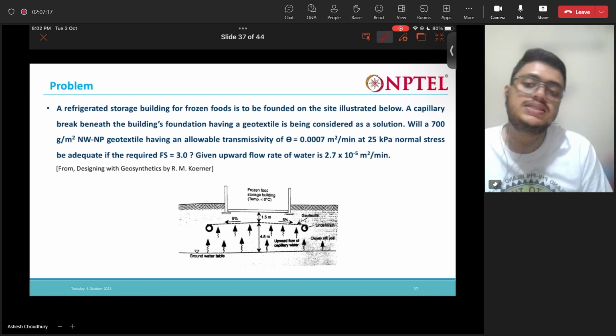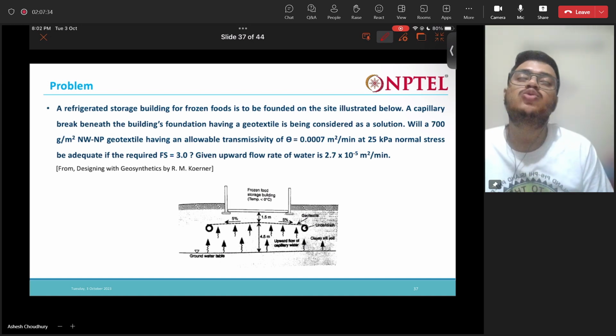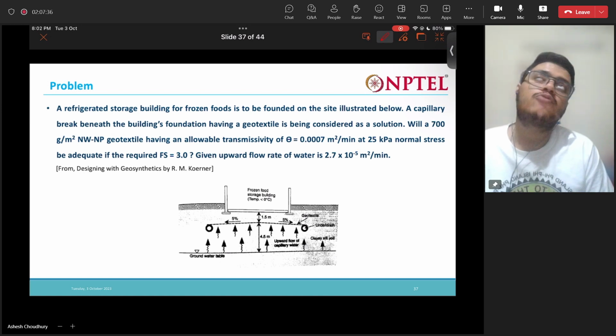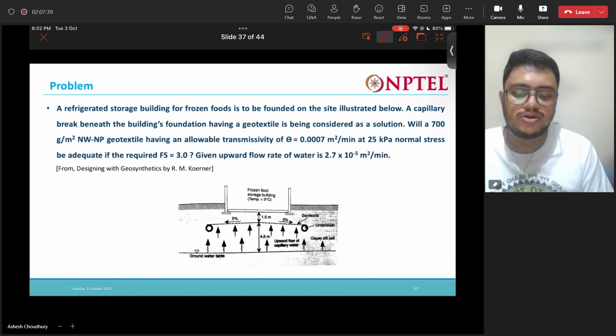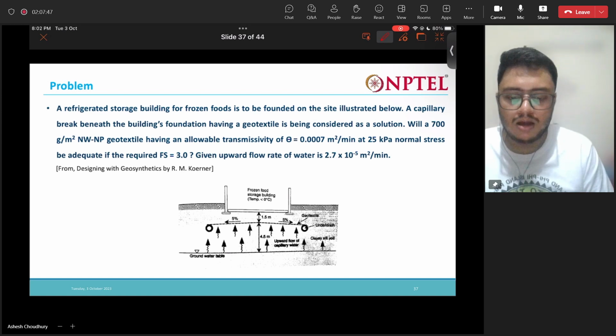If the water reaches there and gets frozen, it will expand, and as it expands it will damage the structure. So we need to drain out the water before it reaches that place. We need to arrest the water and drain it out beforehand.